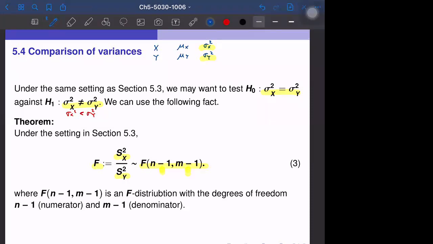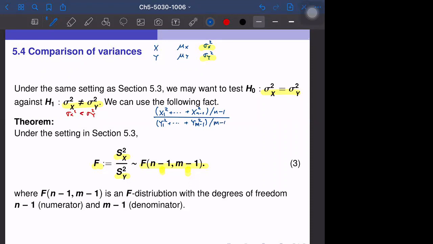And remember that the F random variable is defined by the sum of X1 squared up to X n-1 squared, divided by n-1, divided by Y1 squared plus up to Y m-1 squared, divided by m-1.